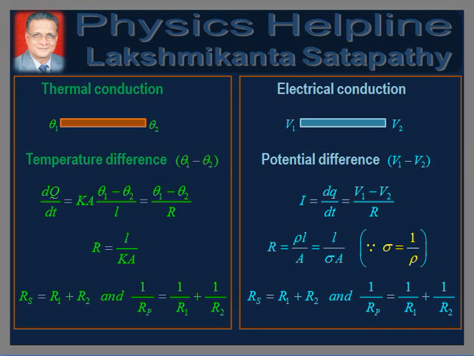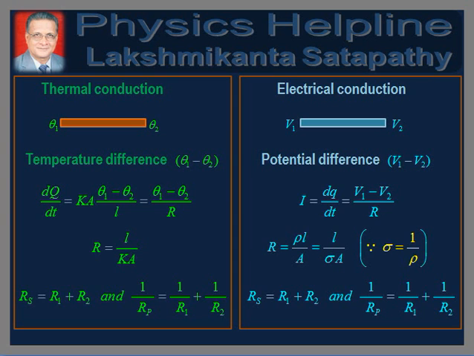Therefore, we write R is equal to L divided by sigma into A. When two conductors of resistances R1 and R2 are connected in series, then the effective resistance Rs is equal to R1 plus R2, and when they are connected in parallel, the effective resistance 1 by Rp is equal to 1 by R1 plus 1 by R2. These expressions are valid for both thermal and electrical resistances.